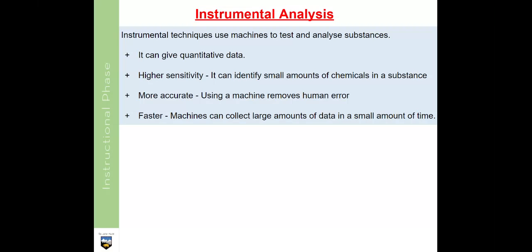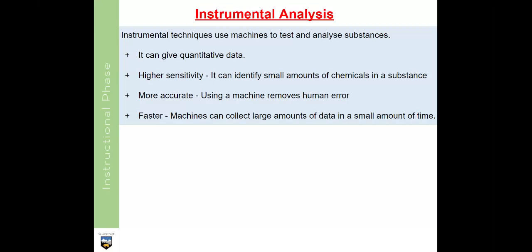Now, the advantages of using instrumental techniques are it can give us good quantitative data. So it can give us numerical data that is more informative for us. It has a higher sensitivity than human lab tests, so it can identify small amounts of chemicals in a substance.